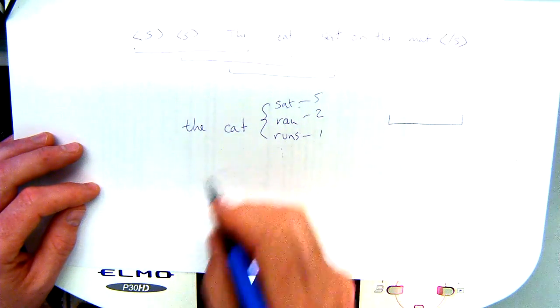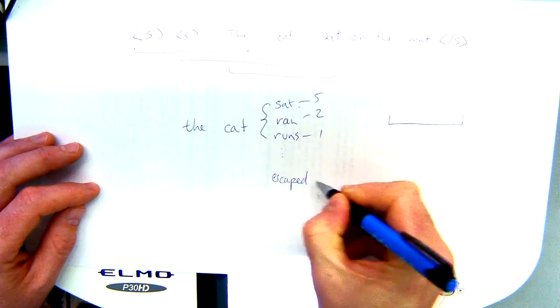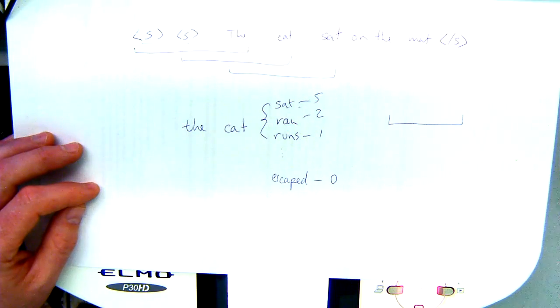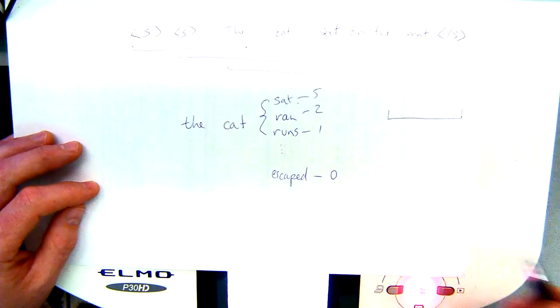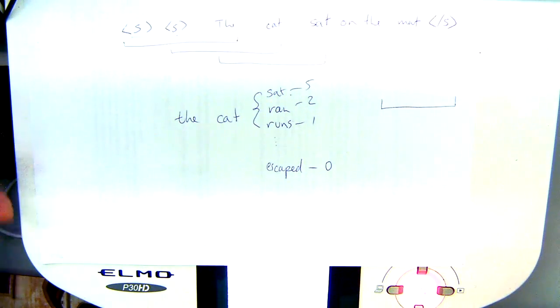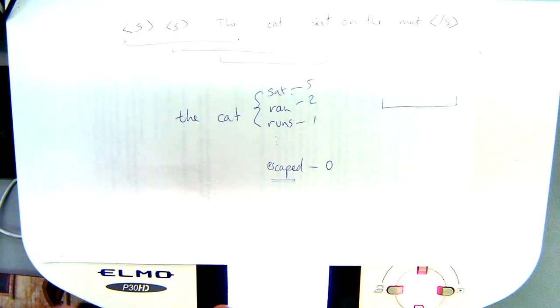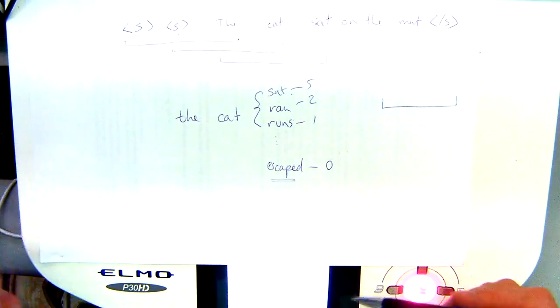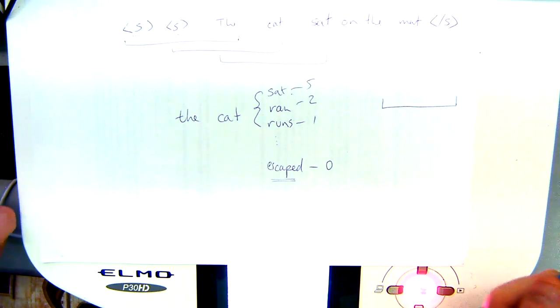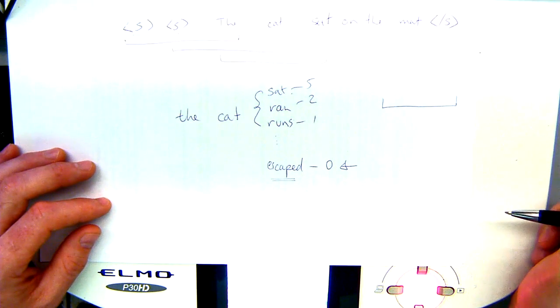Now at test time, we wouldn't be that surprised if we saw the cat escaped. But that was 0 at training time. So because if we had a trigram model, we need the count of the cat escaped, we get a 0, we get a probability 0. Now, we might have seen a cat escaped, or various other phrases that would give us good clues, or maybe escaped is a fairly common word in general. It'd be up towards the top of our vocabulary. It's not that improbable, right? So we'd like for this 0 not to be too destructive and ruin all of our computation.